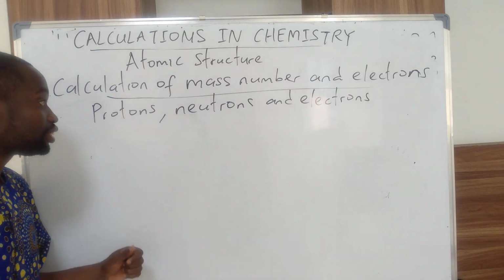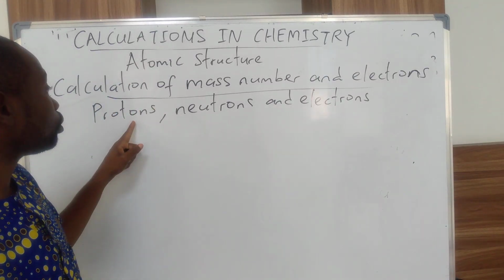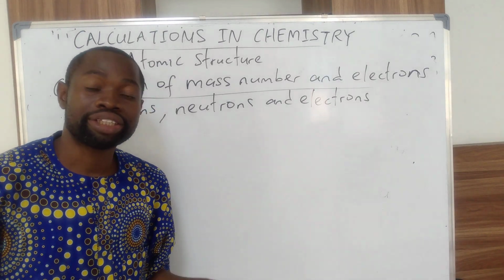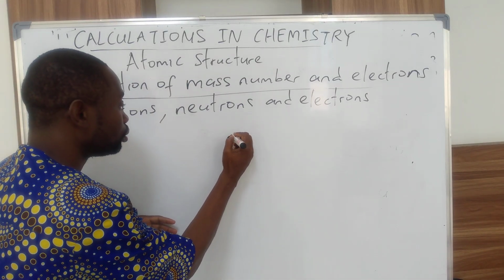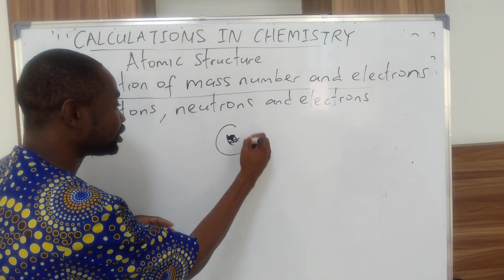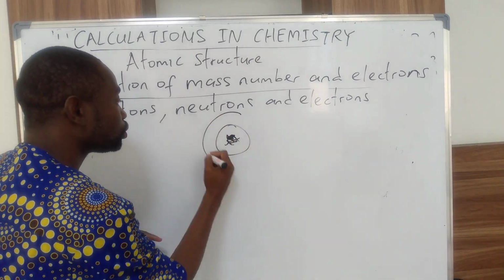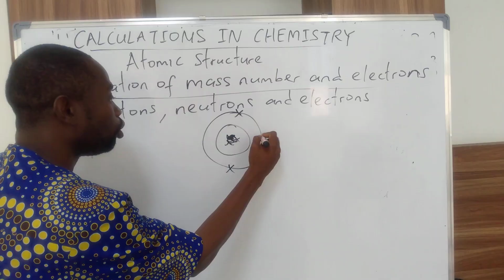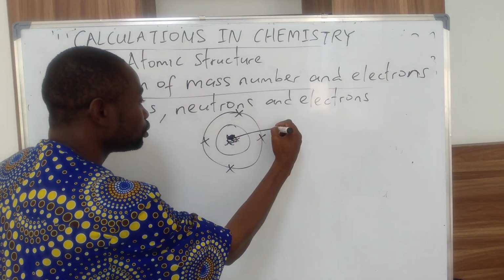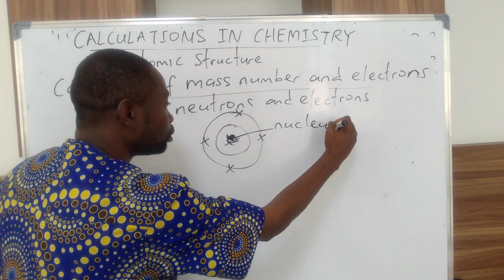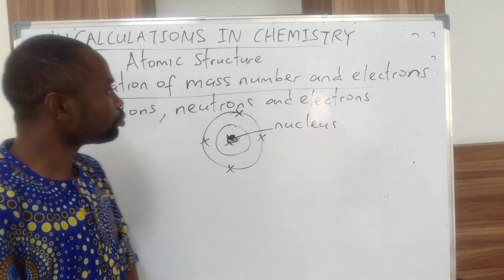And we know that the protons and the neutrons are located inside the nucleus, which is the center of the atom. And you have electrons revolving or moving around them. This is the nucleus. It's inside the nucleus that you have the proton and the neutron.